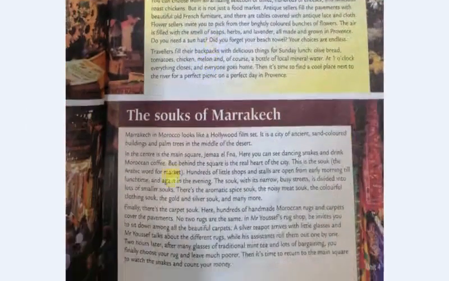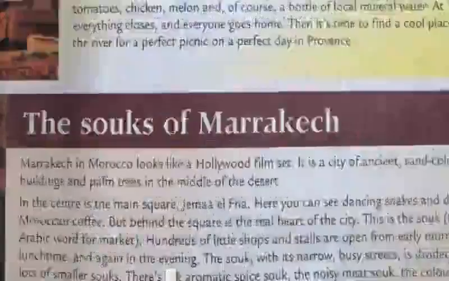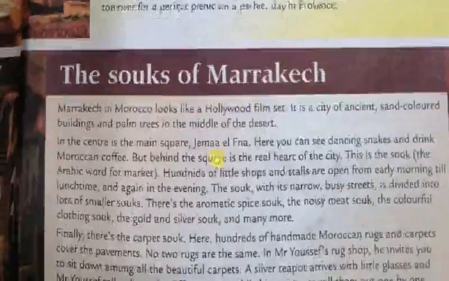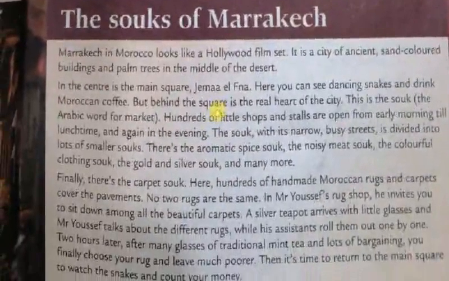The third and last market is in Marrakesh. The souks of Marrakesh. Marrakesh in Morocco looks like a Hollywood film set. It's a city of ancient sand-colored buildings and palm trees.